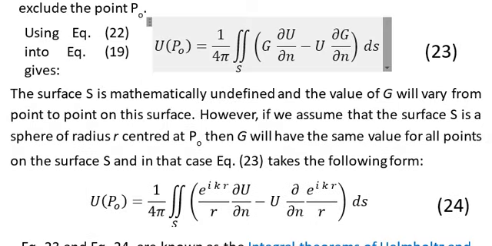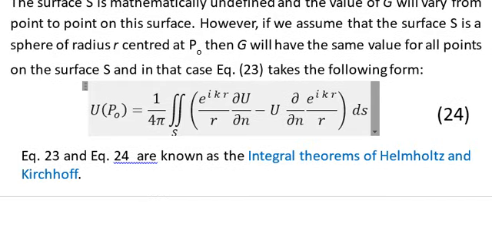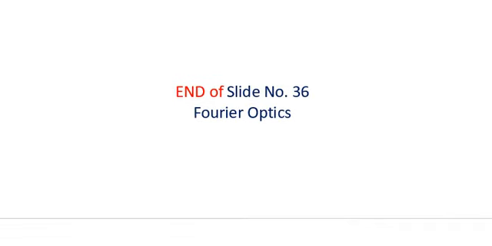So these two equations are very useful, and we shall be using these equations repeatedly in order to find the value of the field at the point P naught. So equation 23 and equation 24 are known as the integral theorem of Helmholtz and Kirchhoff, and we shall be using these equations. So here this is the end of slide number 36.